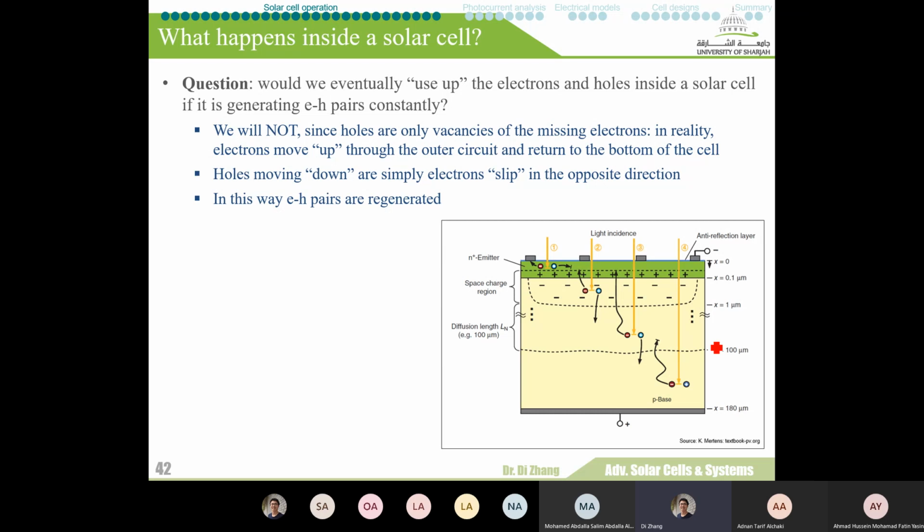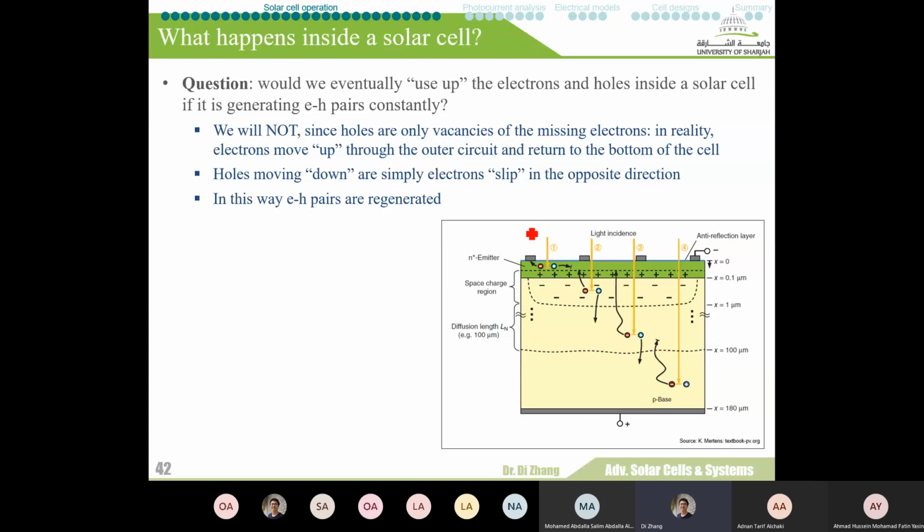For the recombination rate, we also introduce several parameters such as the carrier lifetime, as well as the diffusion length. Based on the diffusion length and the carrier lifetime, we also look at the different scenarios that can happen inside a silicon solar cell.